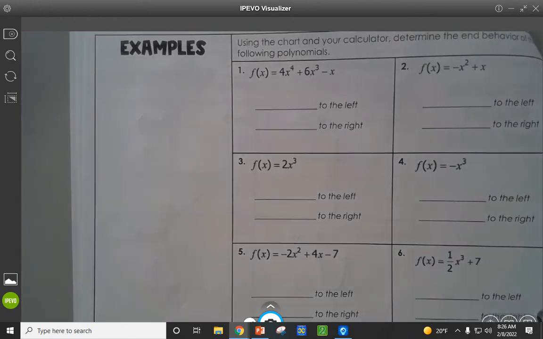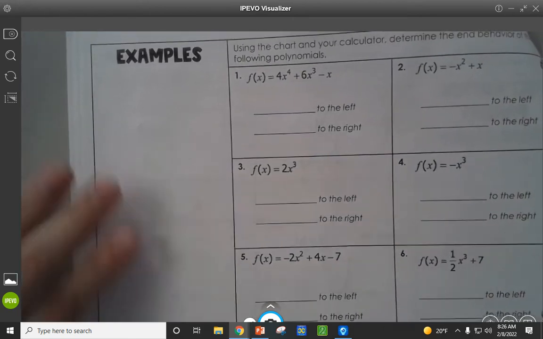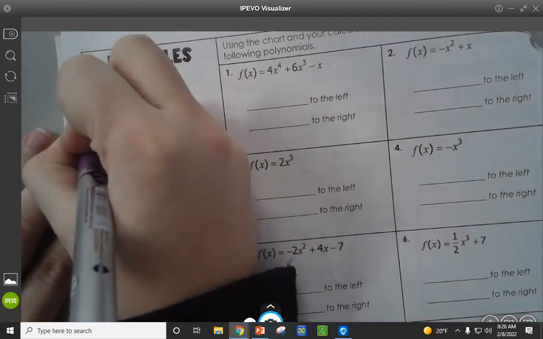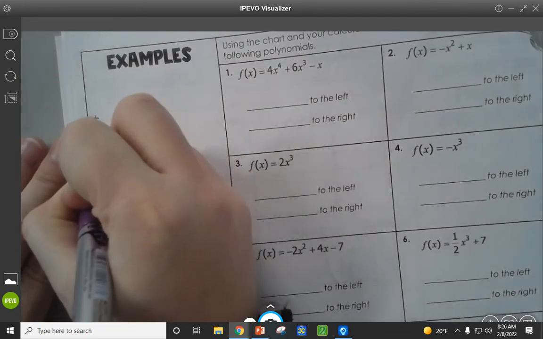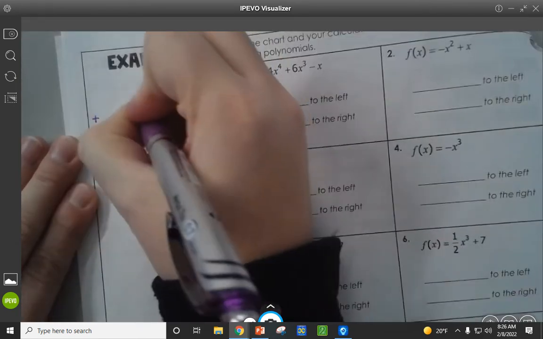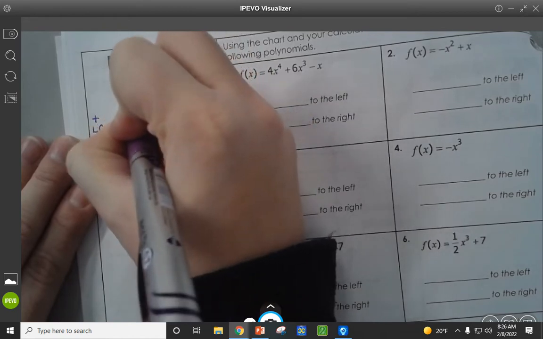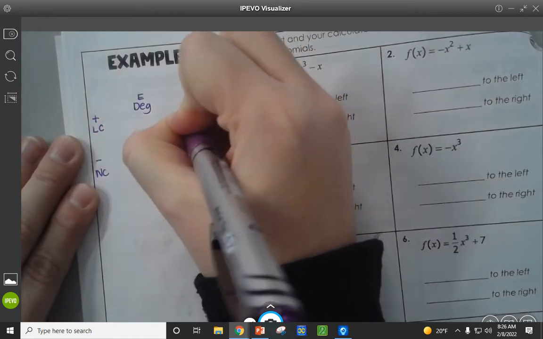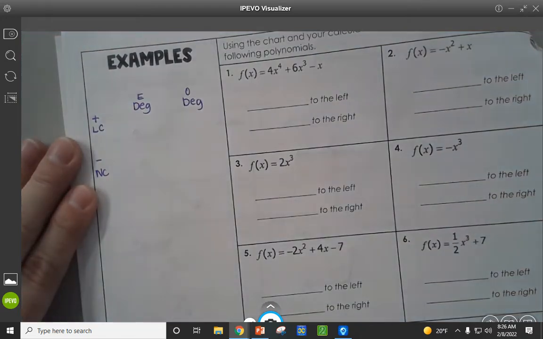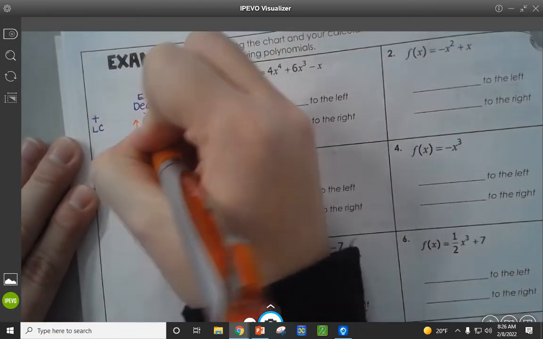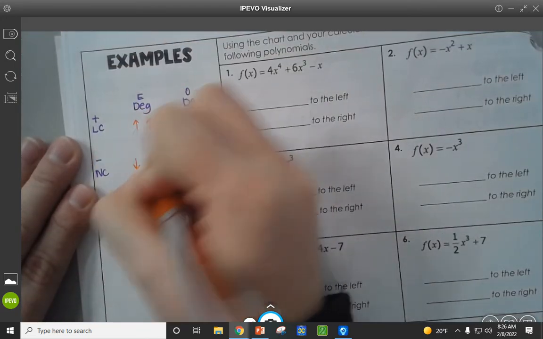So I am going to kind of rewrite this chart really quick. We have a positive leading coefficient, negative leading coefficient, even degree, odd degree. And this was up, down, down.